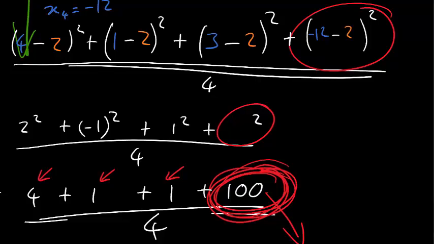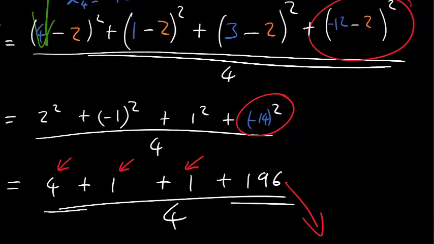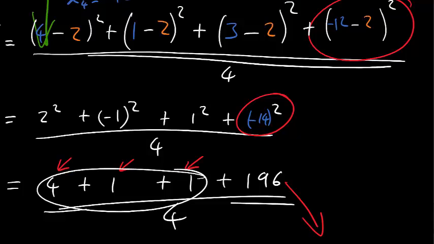So negative 14 squared works out to be 196, which, relative to all these other numbers, is massive. So pausing before I take the square root matters, because if I square root it again, it brings it back down to a relatively small number.